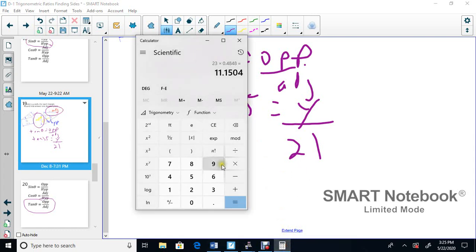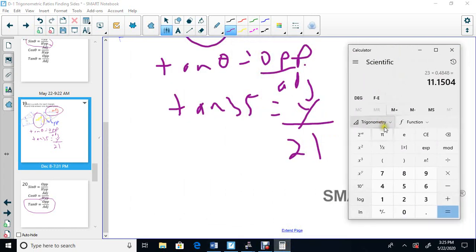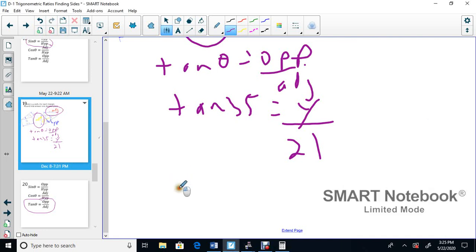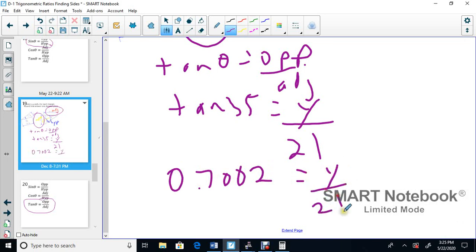If you want, you can put 21 tan right away. I'm going to find the answer out here, so I'm going to put tan 35. So in this calculator, you put 35 tan, and you get a number, 0.7002. So 0.7002 equals y over 21.